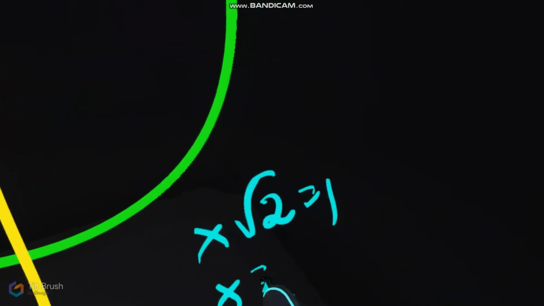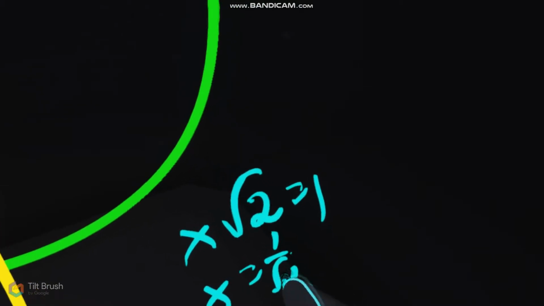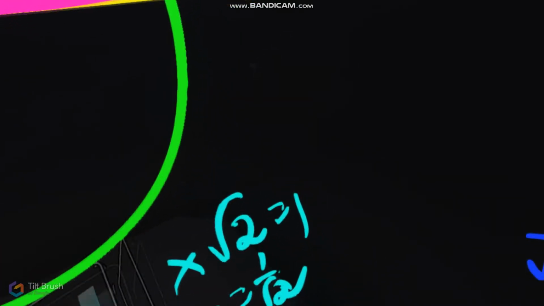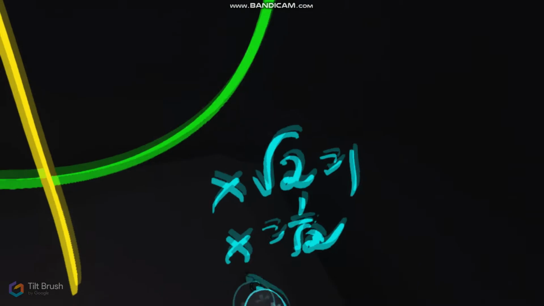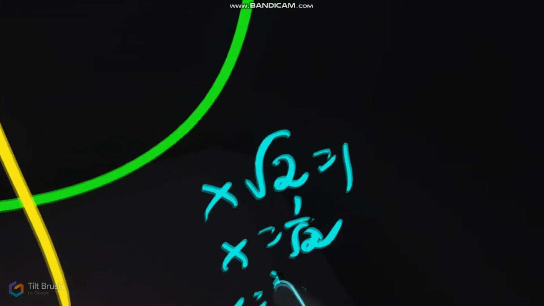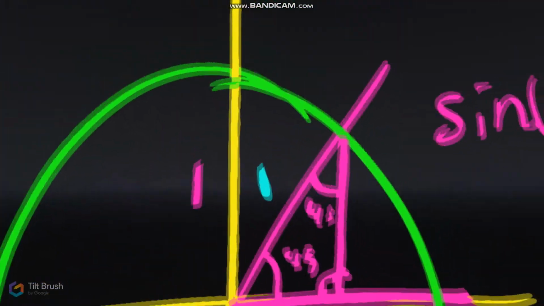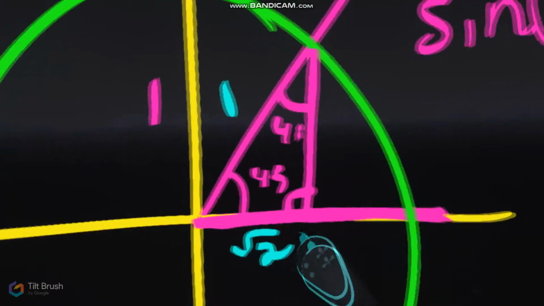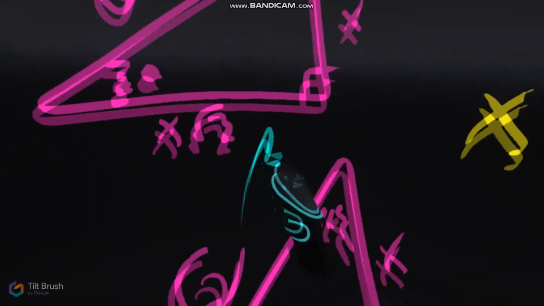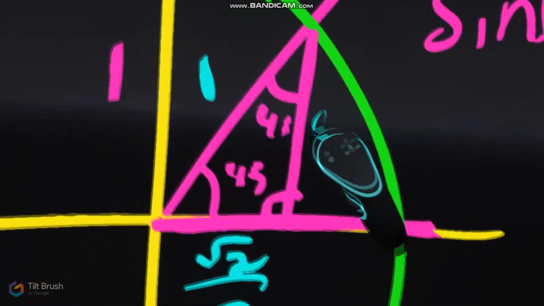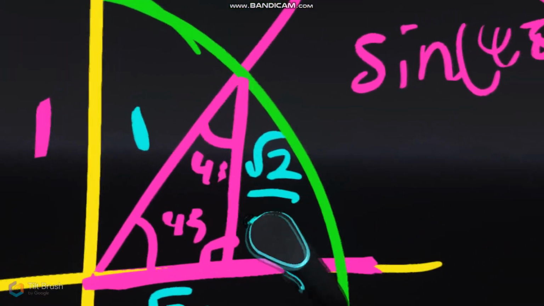So x equals 1 over root 2. You can't leave a square root on the bottom, so x equals root 2 over 2. So this is root 2 over 2, and since these are the same, this is root 2 over 2. Now we have all the sides.